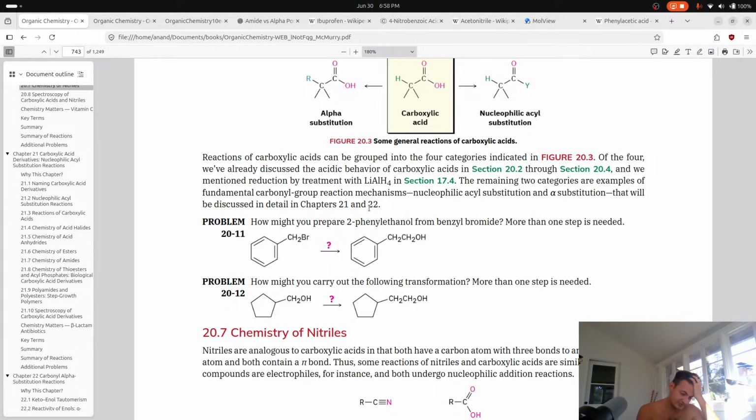So first we're going to add DMP. And we're going to get, I think this is called cyclopentane carboxylic acid. One of my least favorite names that I've come across.